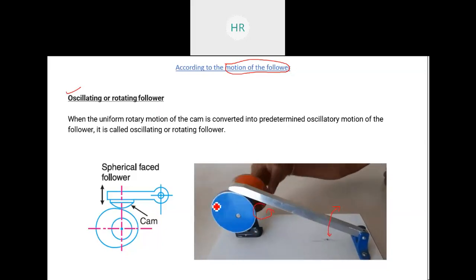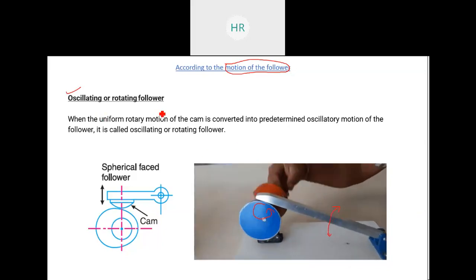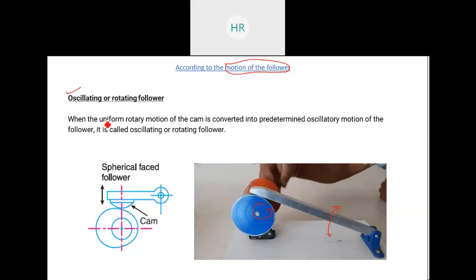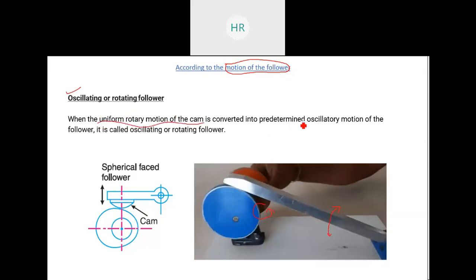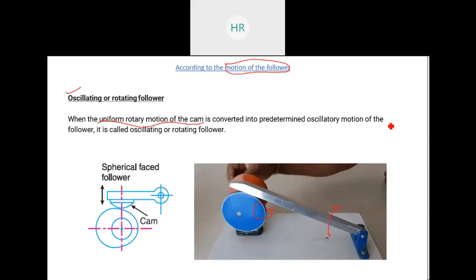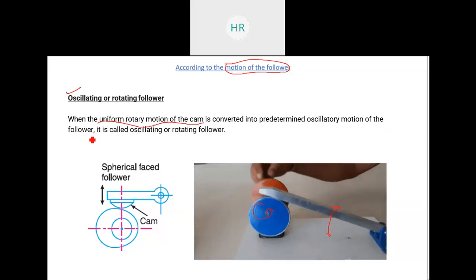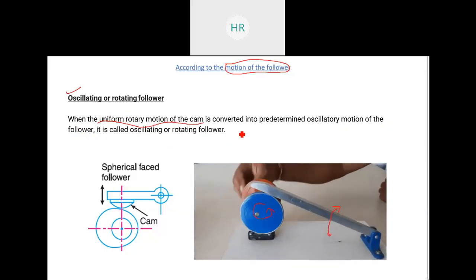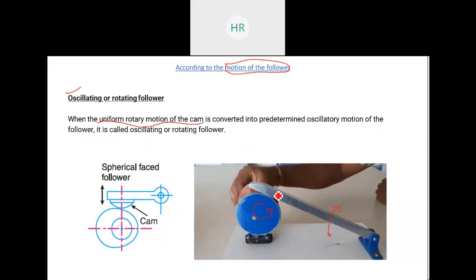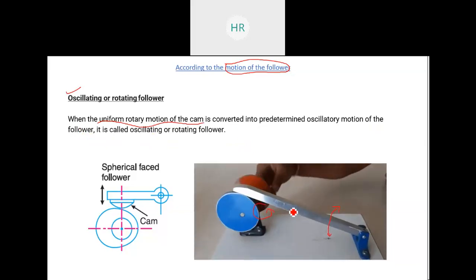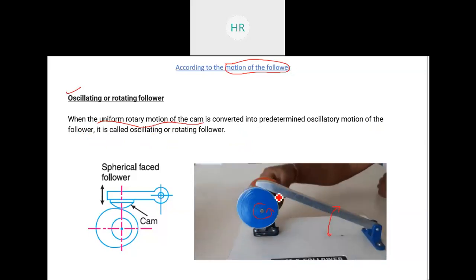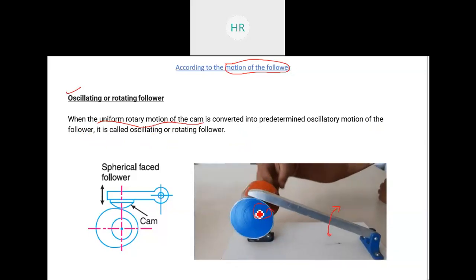So this kind of follower is called oscillating follower. So when the uniform rotary motion of cam is converted into predetermined oscillatory motion of the follower, it is called as oscillating or rotating follower. This model is also available in our college lab. I recorded this video from that only.